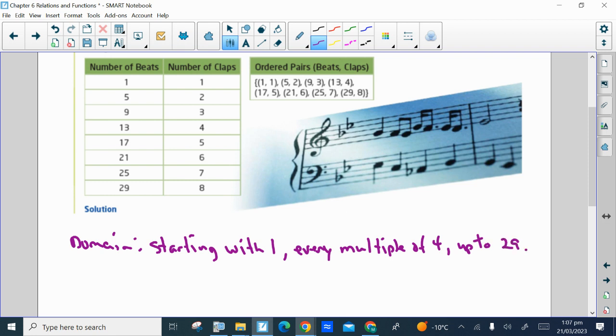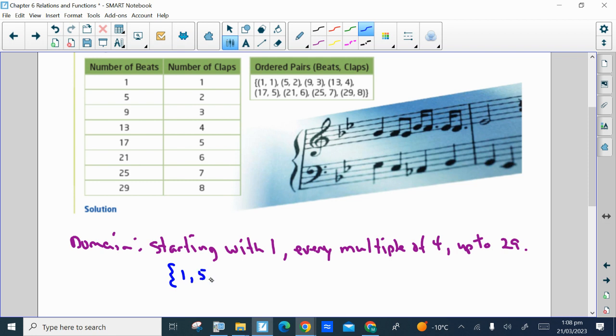So starting at 1, if you add 4, you'll get 5. Adding another 4, you'll get your 9. Adding another 4, you'll get your 13. And that pattern continues all the way up to 29. So there's the domain in words. As a list, when you're doing a list, it's like set notation. You use those squiggly brackets.